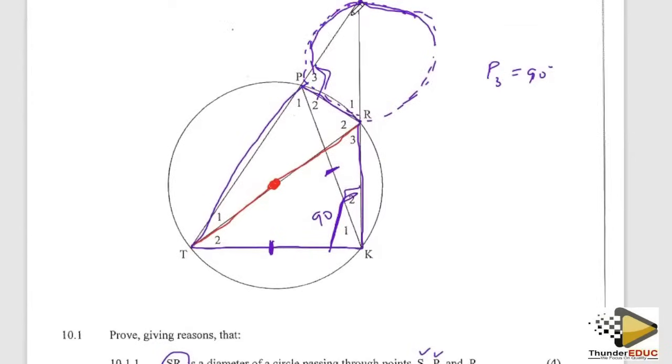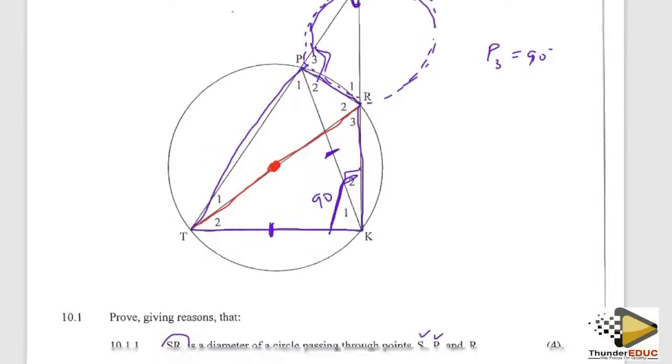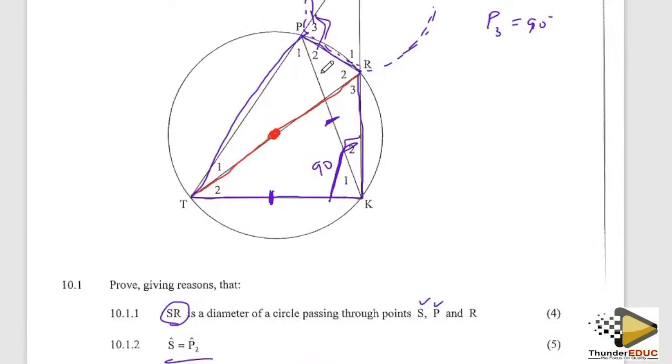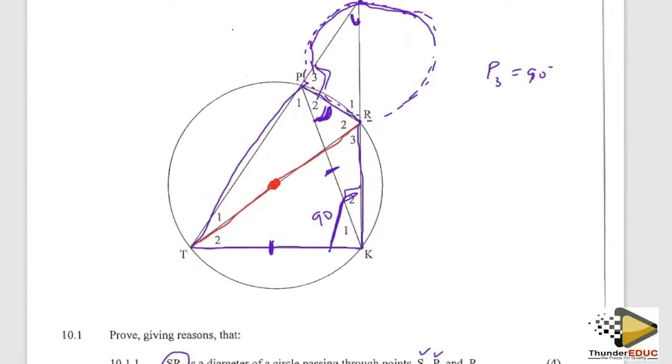Can we prove that S is the same as P2? S is the same as P2. What do we do?